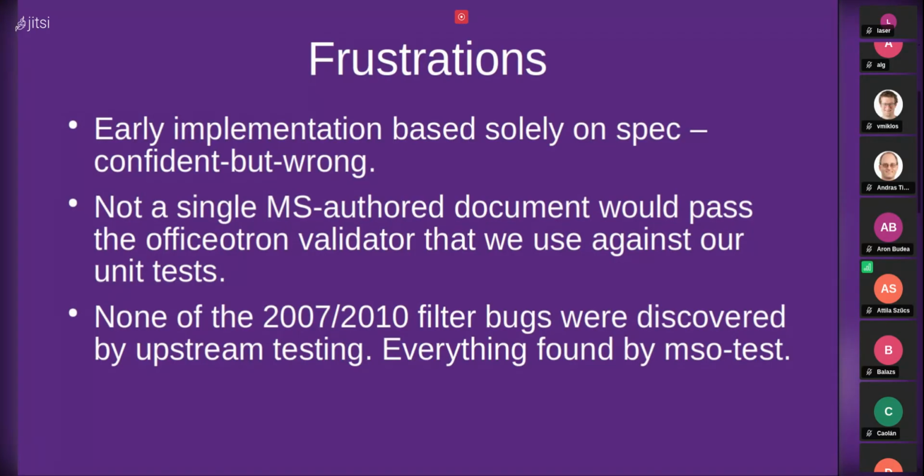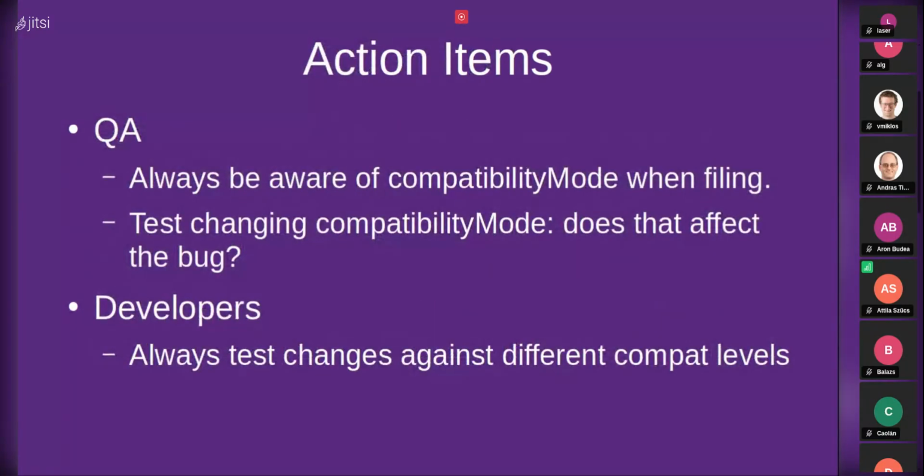And after dozens and dozens of documents, I finally got to investigate why something seems strange here. We found all kinds of things related to this topic with MSO test. So that's great. It's just a little frustrating that it takes so long to find these things out after we make changes.